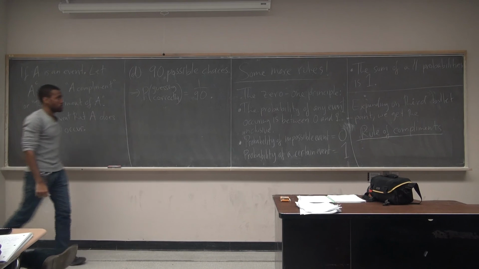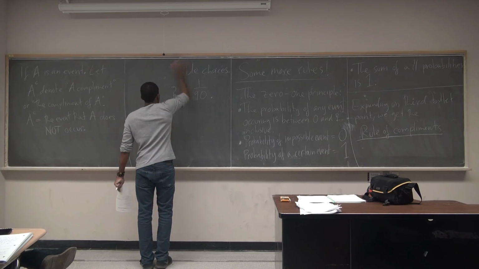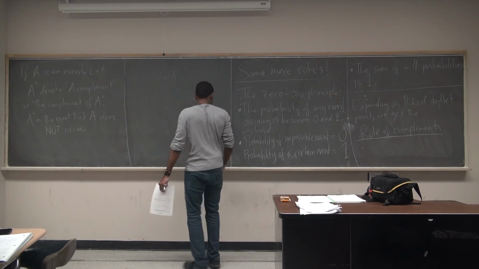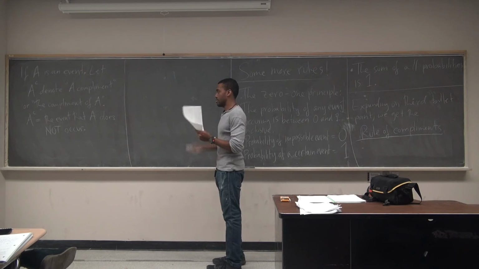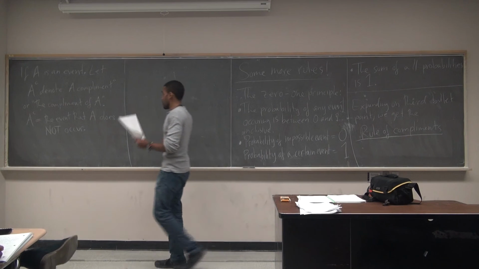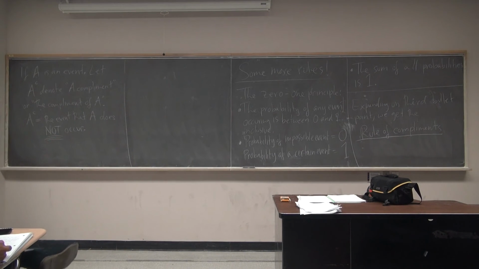So A is the event the sun will come out tomorrow. A complement would be the event the sun doesn't come out tomorrow, which would be bad. So A complement is what we say it does not occur.